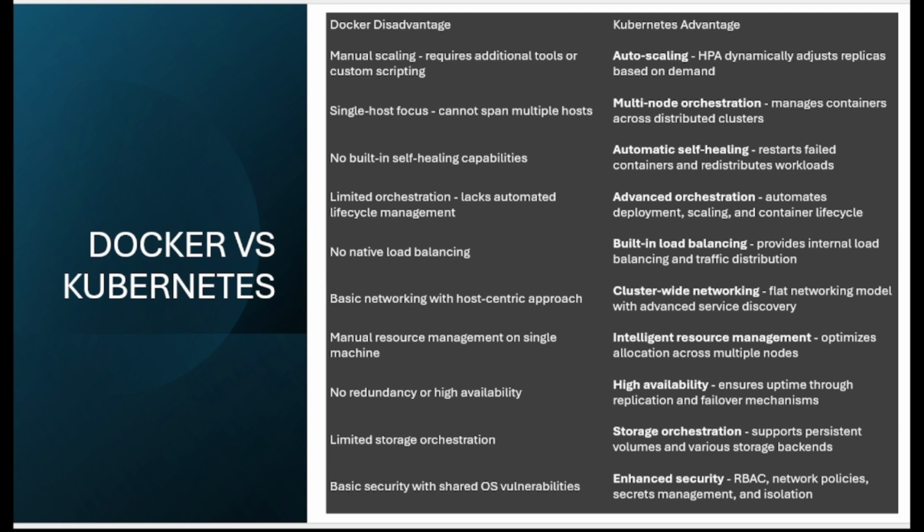And Docker is single host focused. That is not an advantage, because when multiple nodes are working, containers can be managed across distributed clusters. So that became an advantage of Kubernetes.